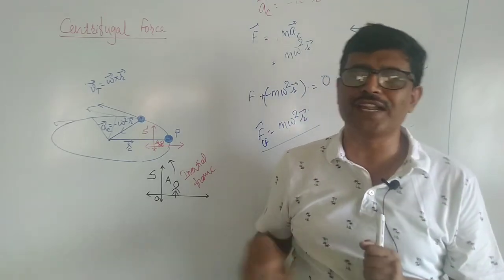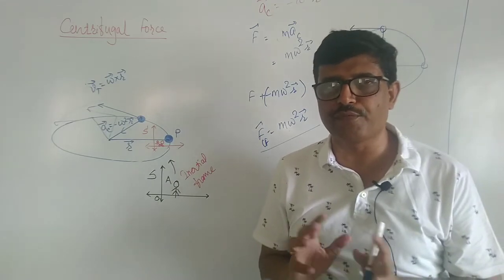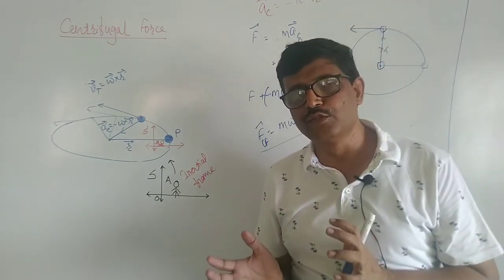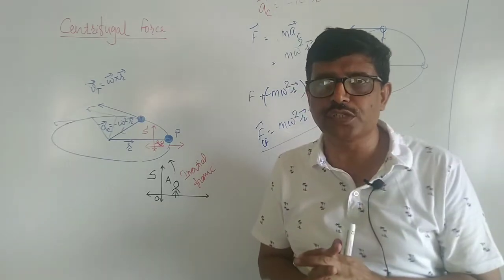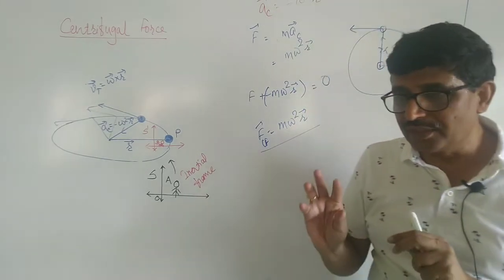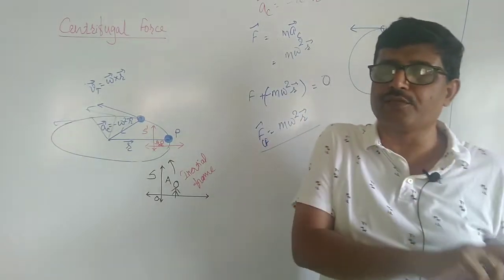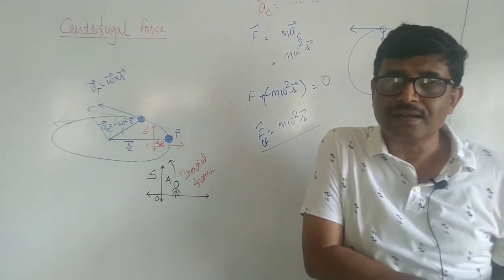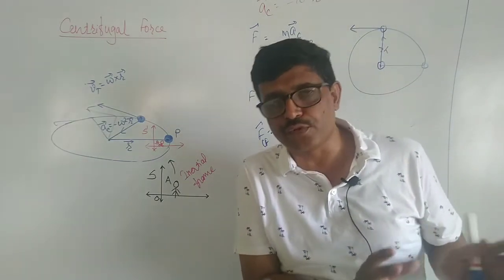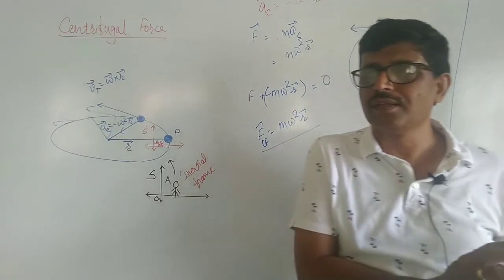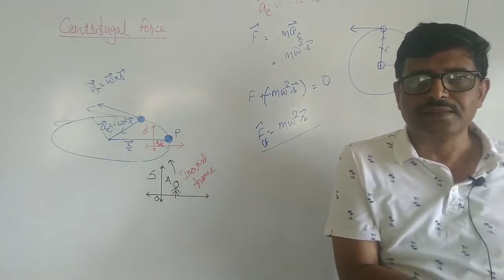For the motion of an electron round the nucleus, the required centripetal force is provided by the force of attraction between the nucleus and the electron. Like that, for every circular motion, we can find the centripetal force and compare it with real forces like gravitational force and electromagnetic force.